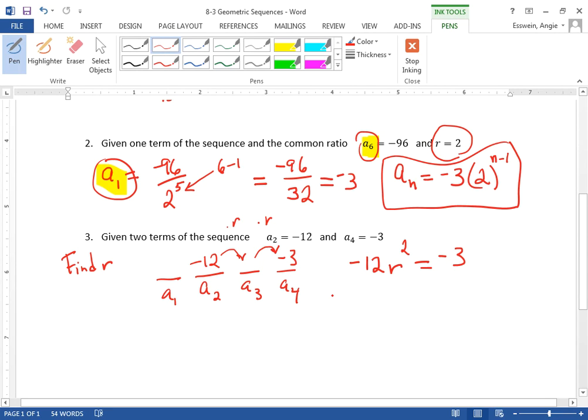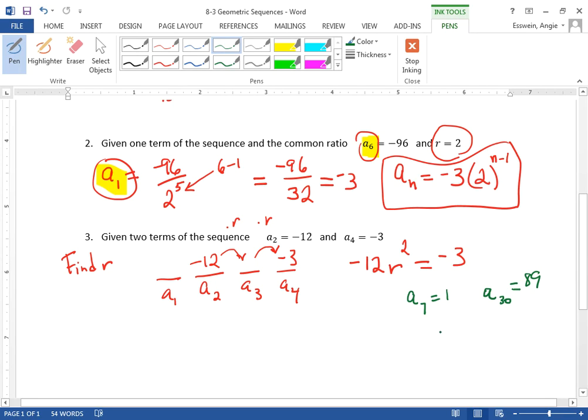Solving the equation is easy, but let me make sure the equation makes sense. So if I did a separate problem, let's say I had a sub 7 equals 1 and a sub 30 equals 89. Let's set that up. This is a separate little problem.